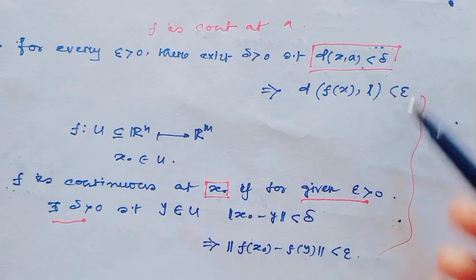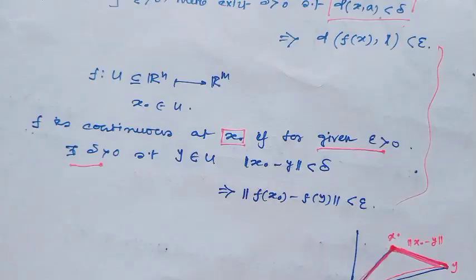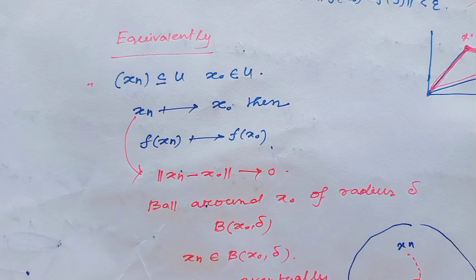These two definitions are actually equivalent conditions, and all of us know another definition of continuity, the sequential criterion, in multivariable calculus.